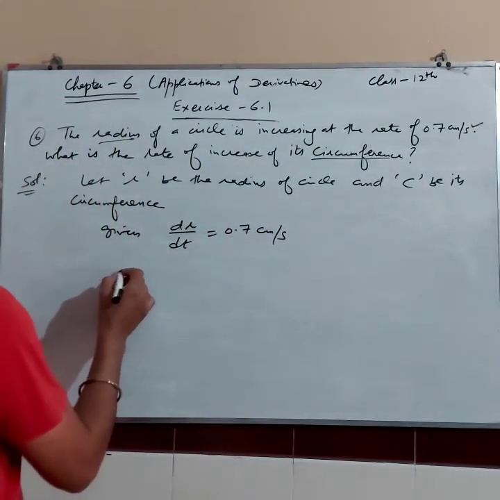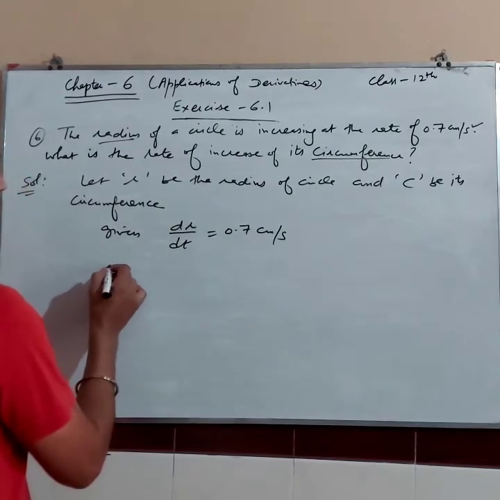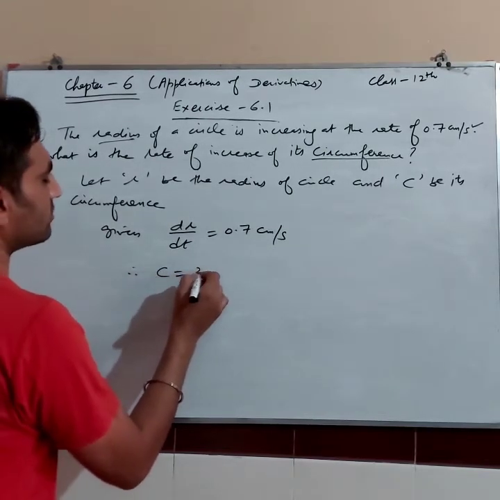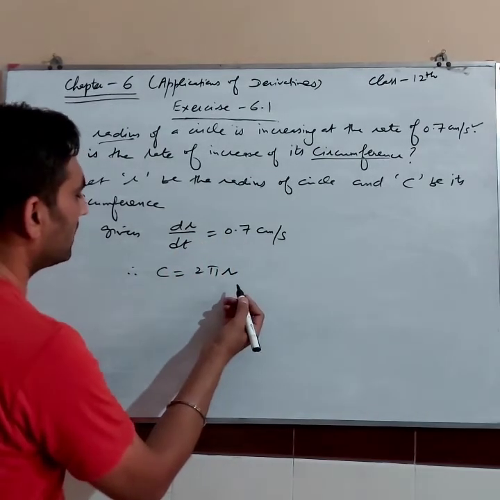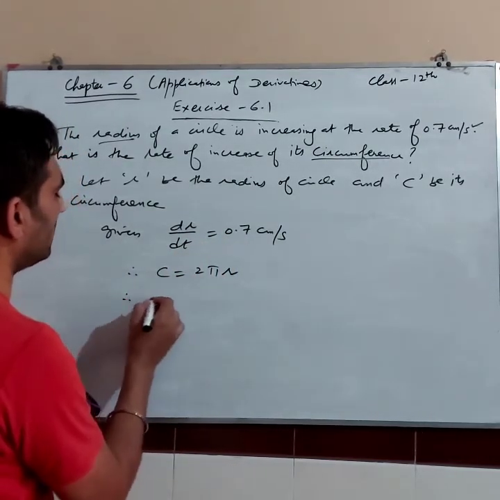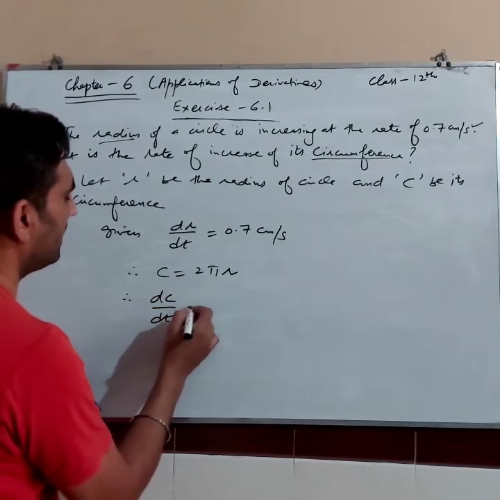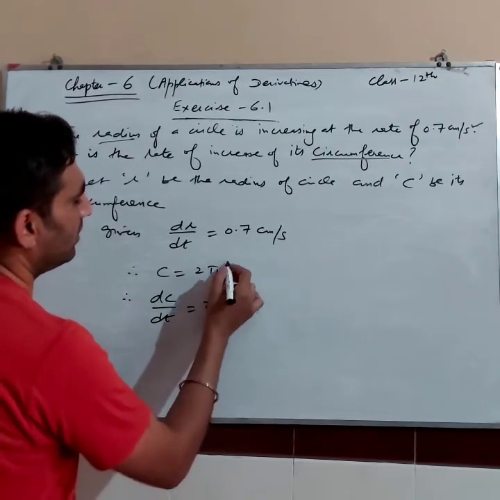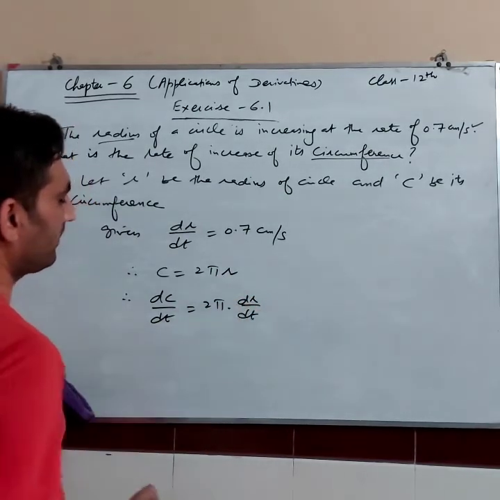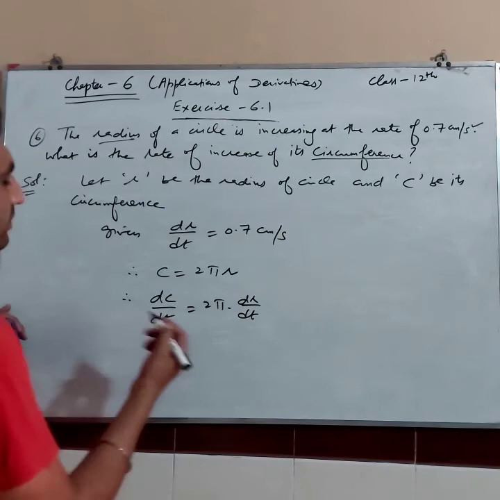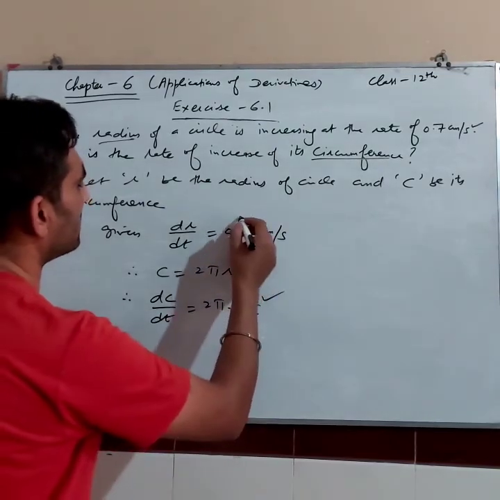What about the circumference of a circle? The circumference of a circle is 2 pi r. What about its derivative with respect to time? So dC over dt will be 2 pi, and don't forget the radius, it will be dr over dt. Now, what is the value of this dr over dt? It is given here.